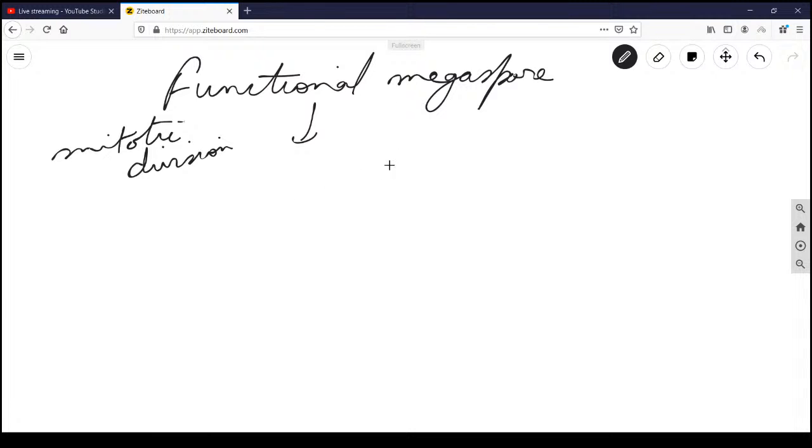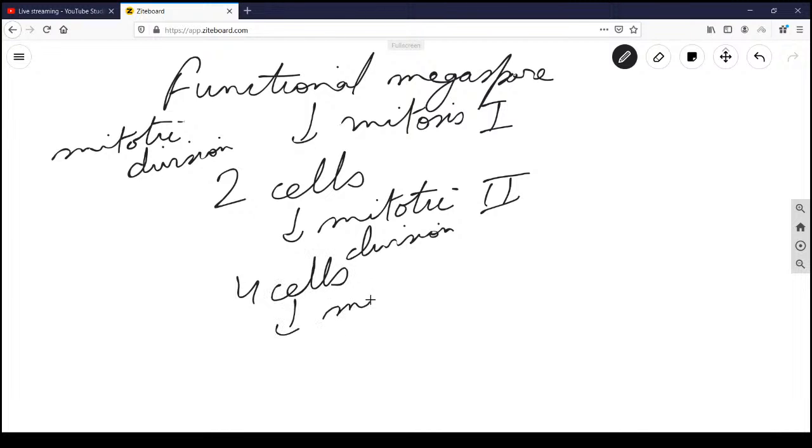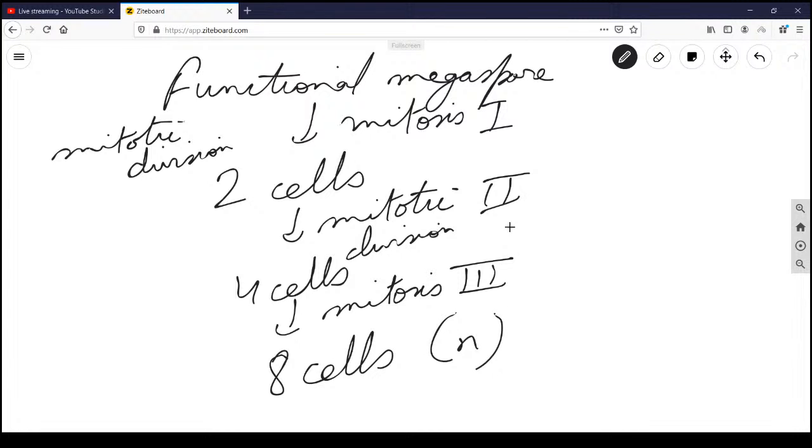First, mitosis 1, it will become 2 cells, right? Then again mitotic division number 2, now it has become 4 cells. Then again mitosis 3, it has become now 8 cells. All are haploid, right? Because this one is haploid.